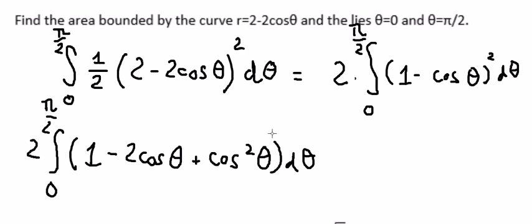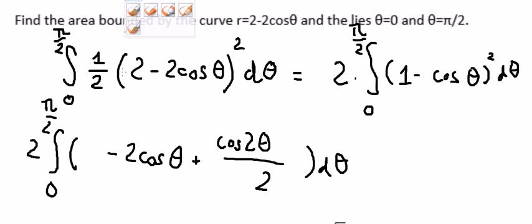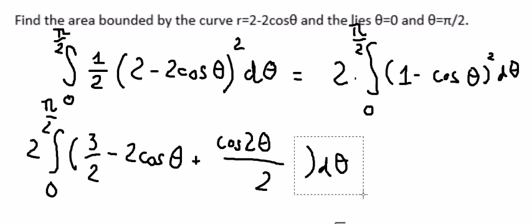So about cosine theta square, we can change about cosine 2 theta plus 1 over 2. 1 over 2 plus 1, you will get about 3 over 2. And we got the final answer.